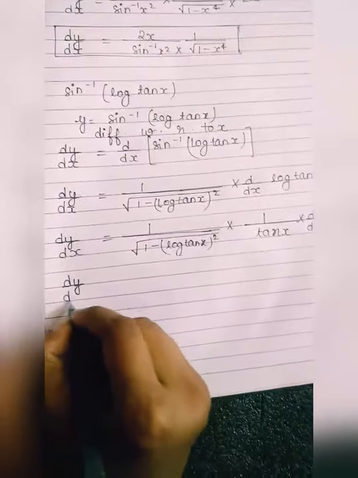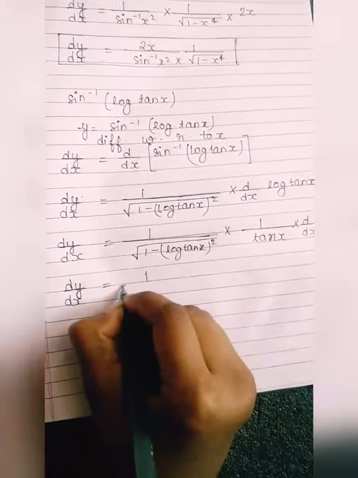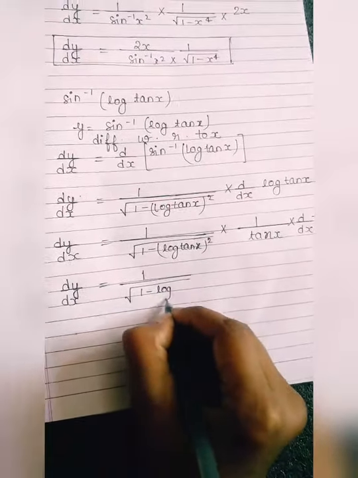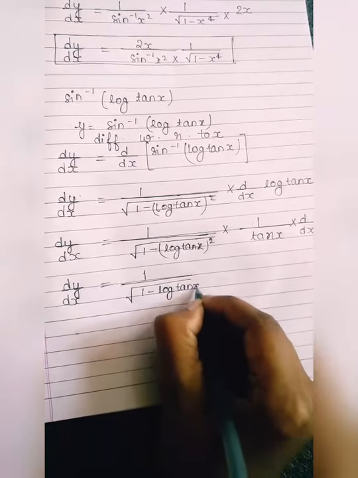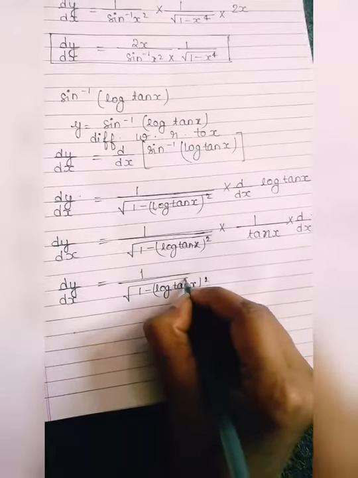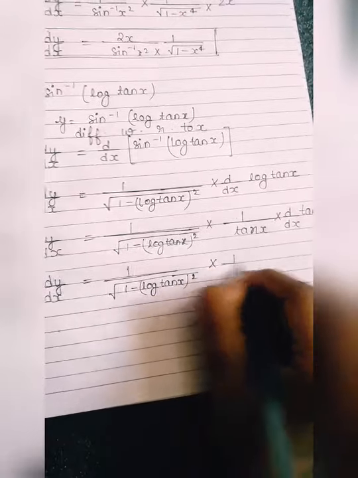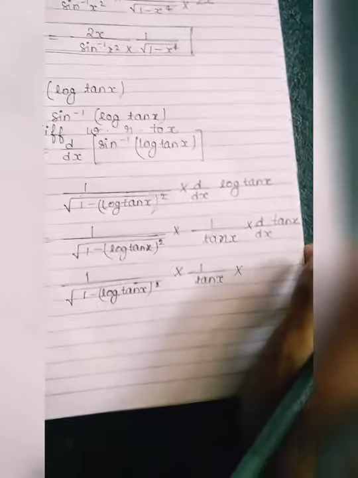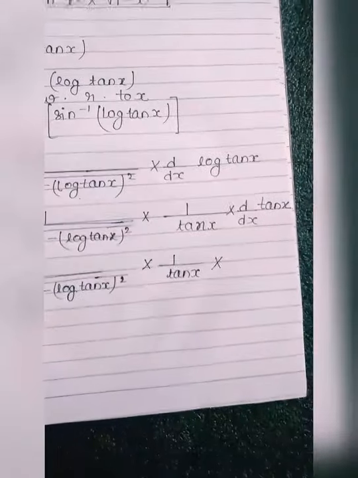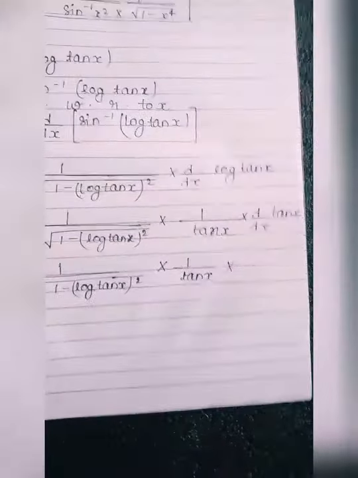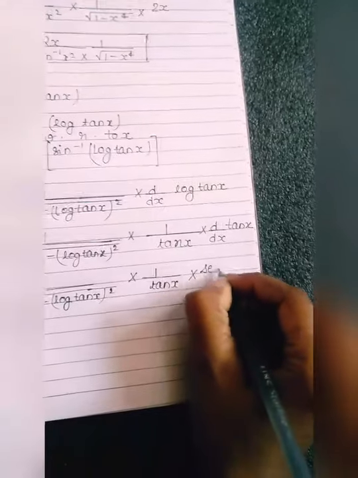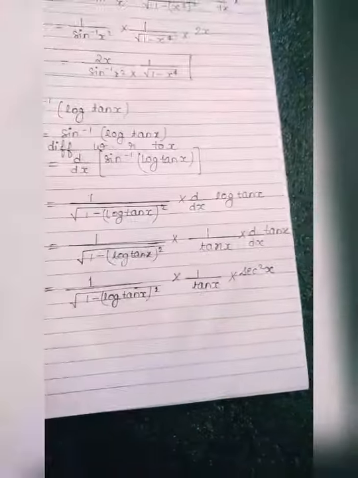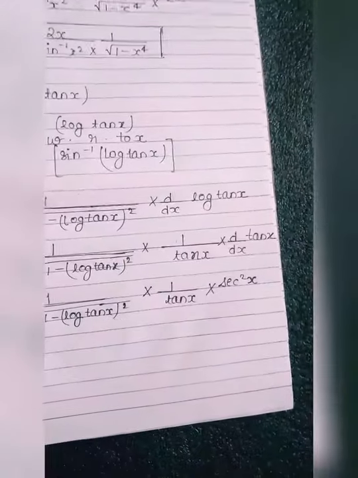dy over dx is equal to 1 over under root 1 minus log tan x whole square into 1 over tan x into, as we know, the differentiation of tan x is sec square x. In the previous video, I have shown the formula of tan x.